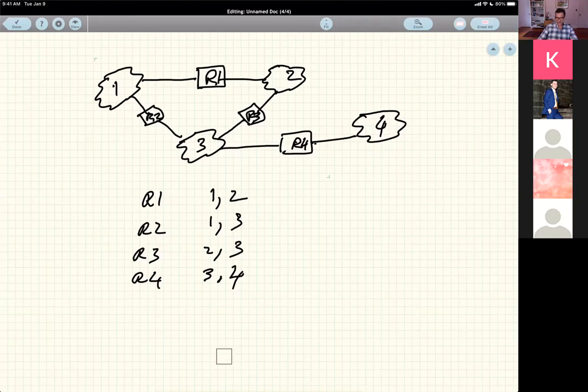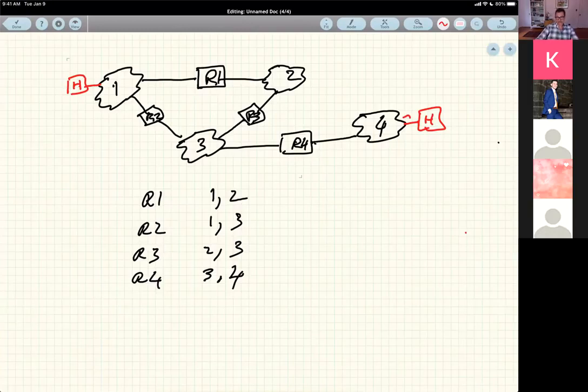Now, if I am sitting at a computer that is connected to network 1, and I want to send something to a computer that is connected, we call these computers hosts because they're different from routers. They're hosts because they're hosting some application or some person sitting at them.